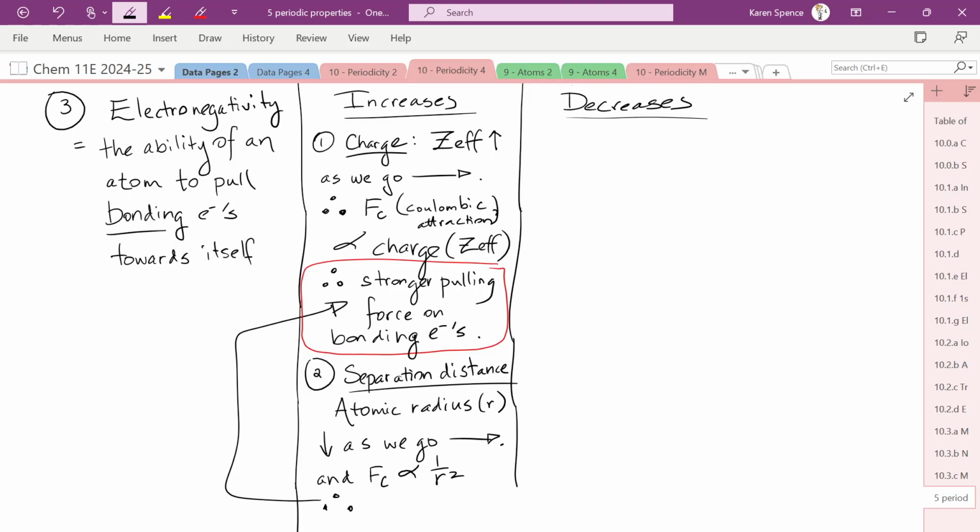Yeah, atomic radius increases. Because there are more occupied shells.